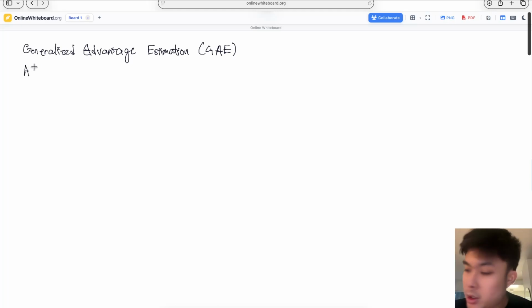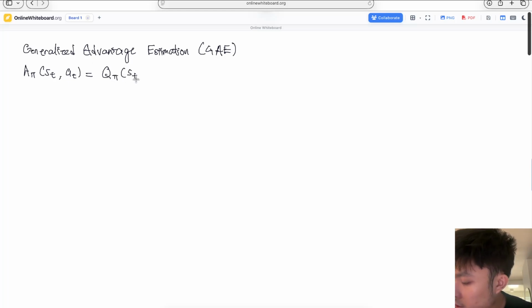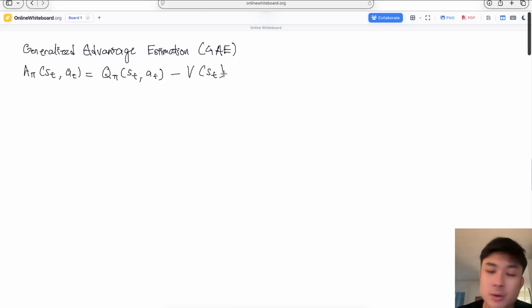So the advantage of a given policy, given a particular state and action, is equal to the Q value minus the value. What exactly does this mean?